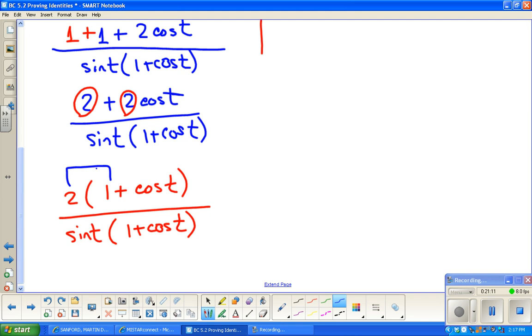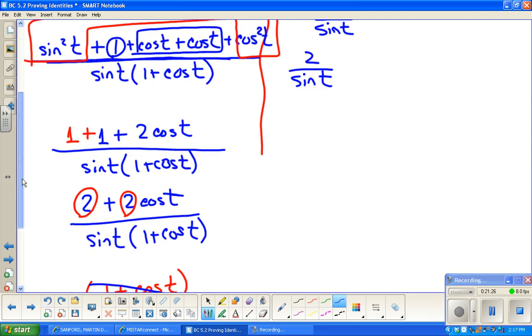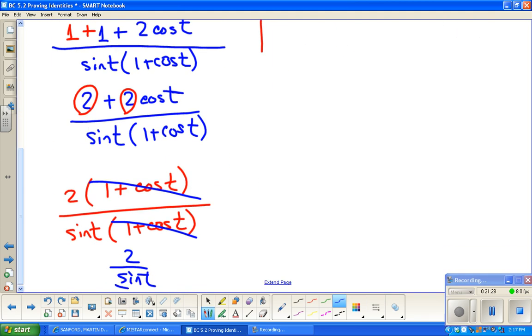The idea is, if I distributed this back out, I would end up with that numerator again. Well, this is the same factor. So this is 2 over sine of t. Well, what was my goal? Sweet.